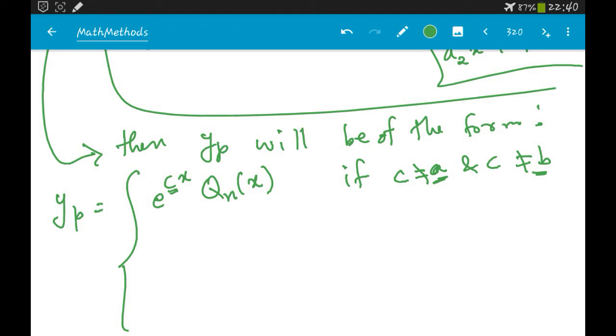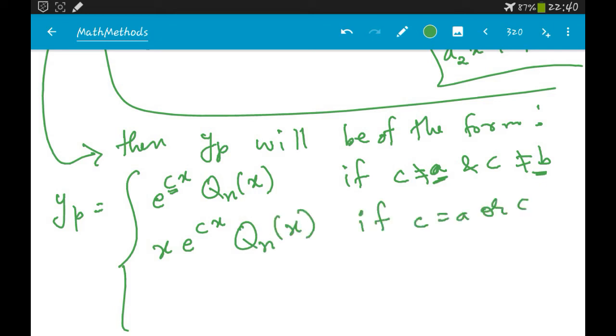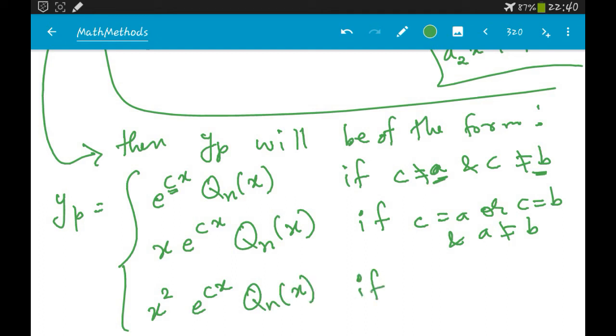Otherwise yp will be x into e power cx into Qn of x if c is equal to a or c is equal to b and a is not equal to b. Otherwise yp will be of the form x square e power cx into Qn of x if c is equal to a and also equal to b.